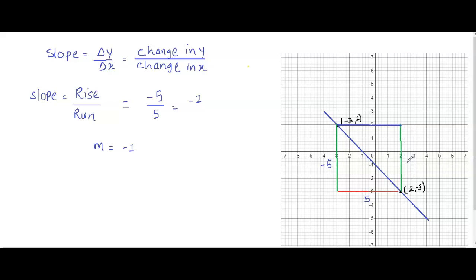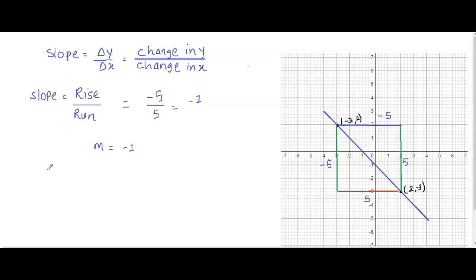So this is 5 units, and since you're going up from this point to this point, your rise is going to be positive now. And going from this point to this point, you're moving to the left. If you're moving to the left, then your run is going to be negative. So make sure you put the negative sign, and then let's count the number of units we have. 1, 2, 3, 4, 5. So this is going to be -5, right?